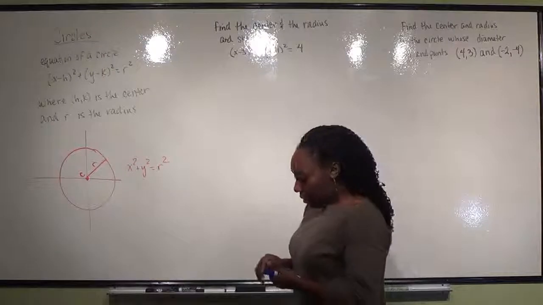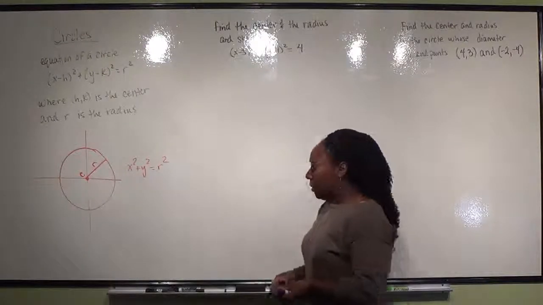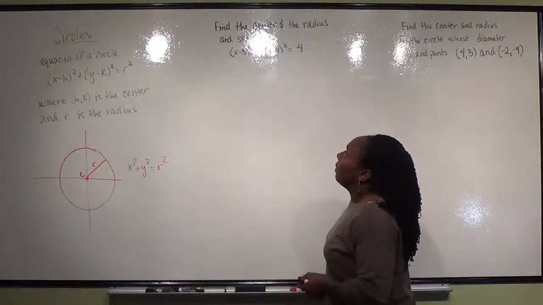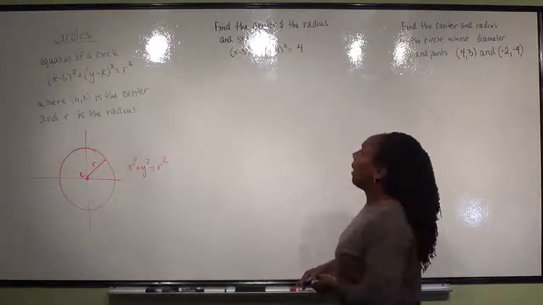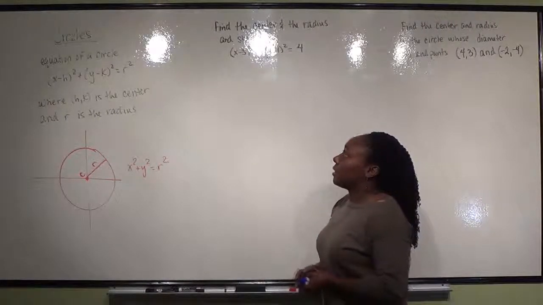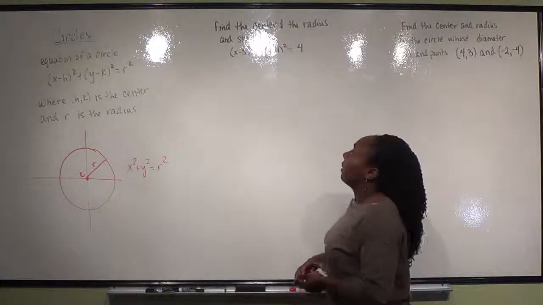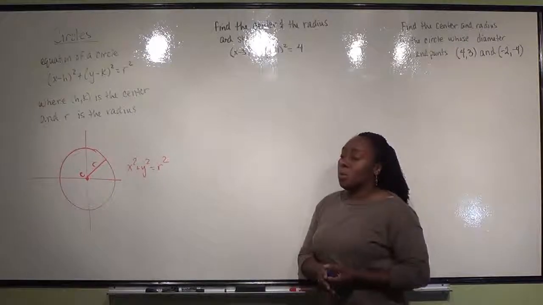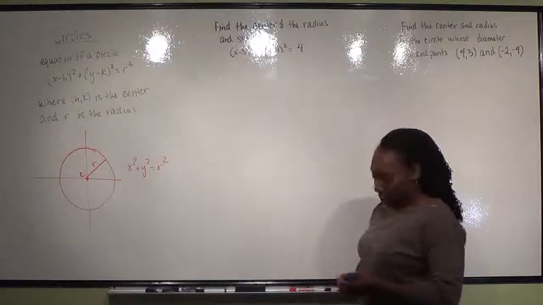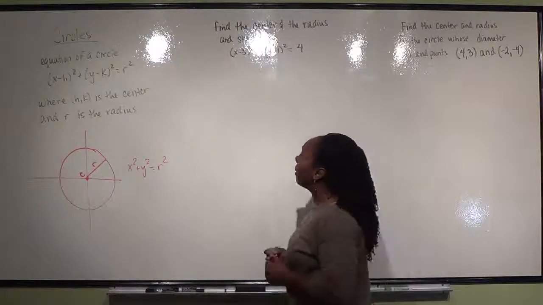Okay. So here let's look at a couple different types of problems. So first, let's say you're given the equation of a circle and we want to find the center and the radius and give a sketch of the graph. Okay. So here our equation, x minus 3 squared plus y plus 1 squared equaling 4. Okay.